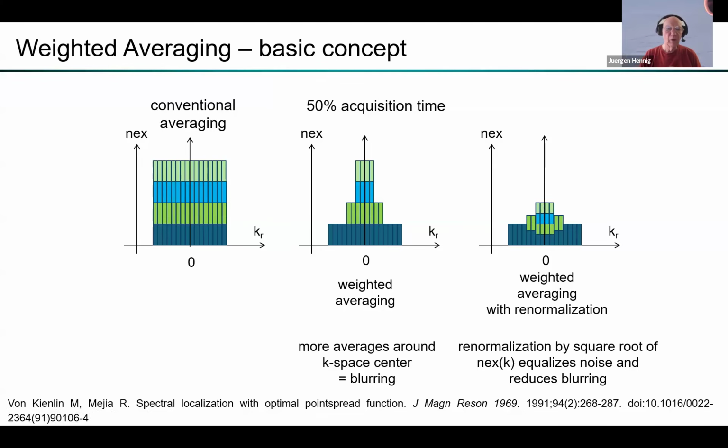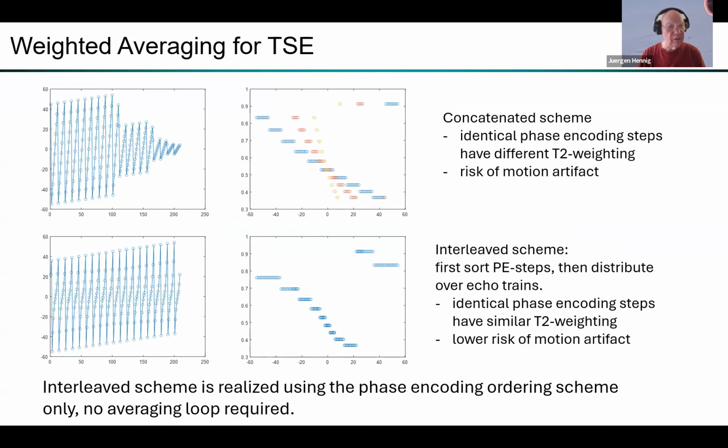Implementation with TSE is a bit tricky because you have to then redistribute the various averages into your echo trains. If you just concatenate your scans, you see you end up with different weighting of adjacent K-space samples, which might give you some artifacts.